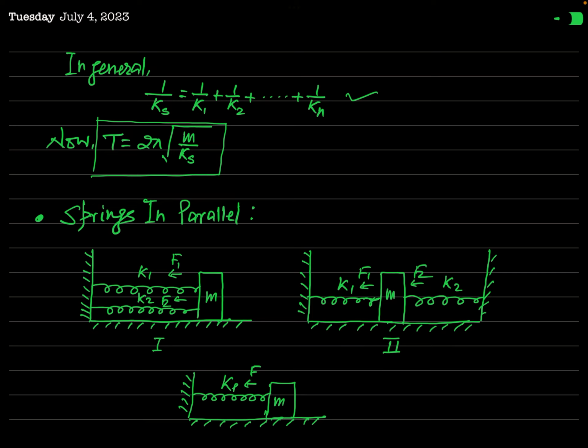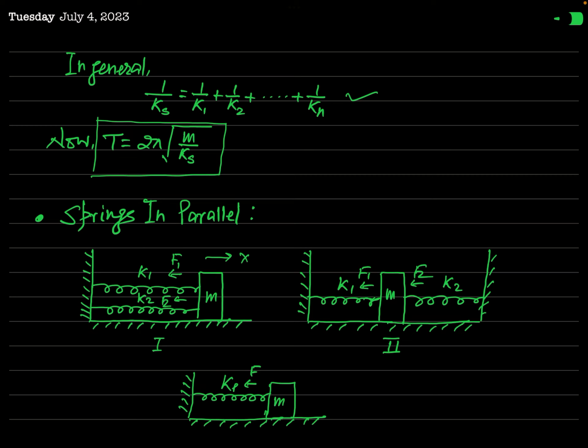Both are same. Now in this case, how will we find the equivalent spring constant? Let us consider that this block is displaced by x. As you can see, when this block is displaced by x, each spring will get stretched by x.